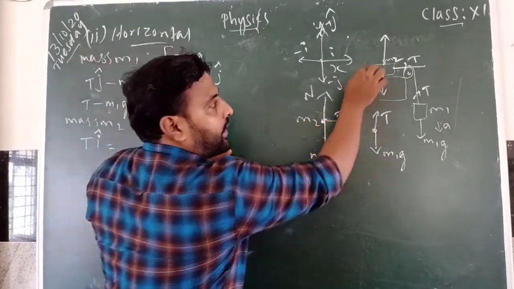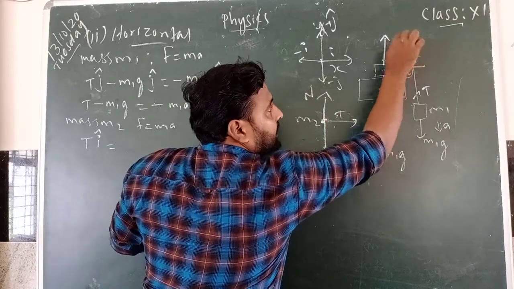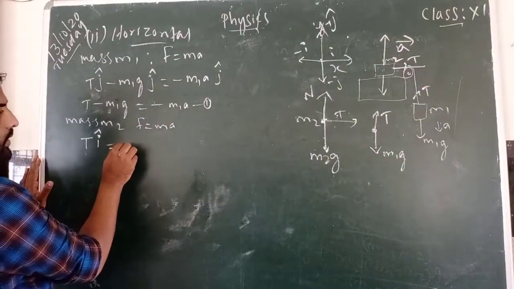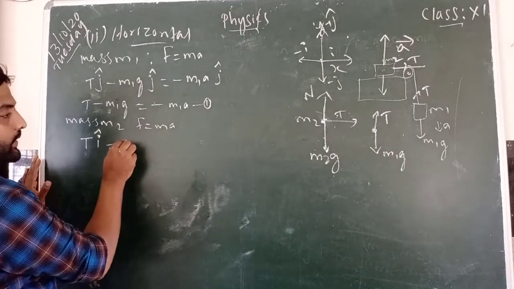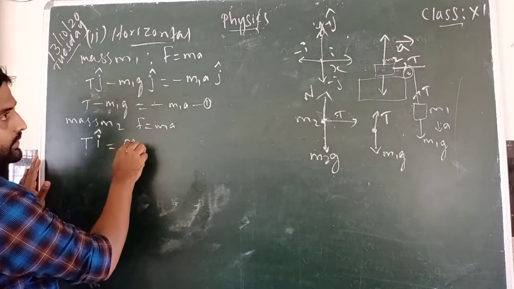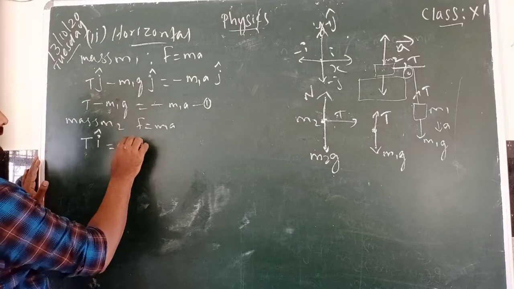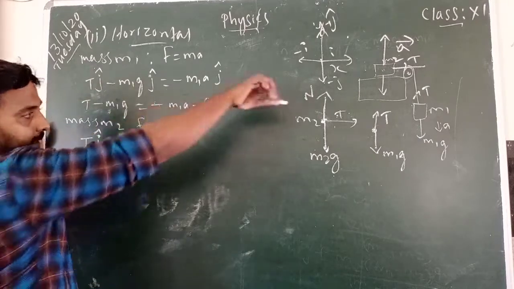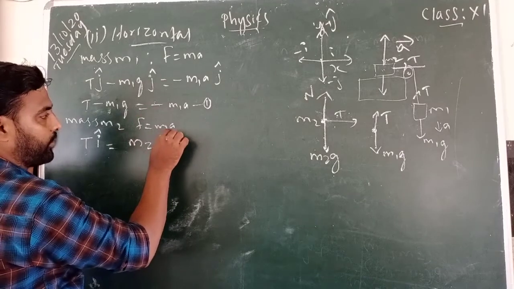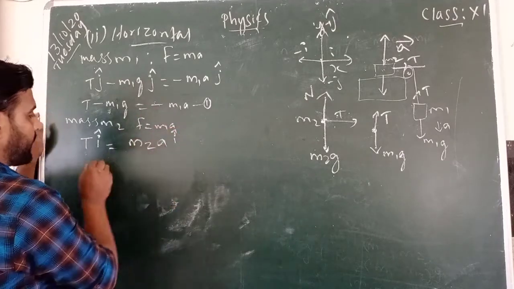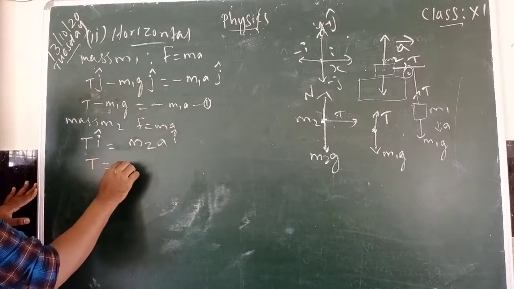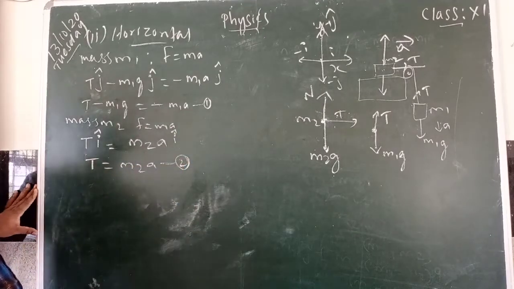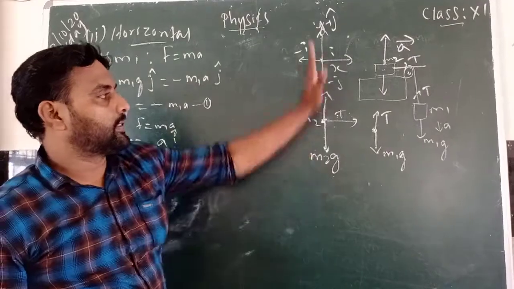The acceleration is also in the I direction, so M2A. Combining the components, T is equal to M2A. This is equation 2.